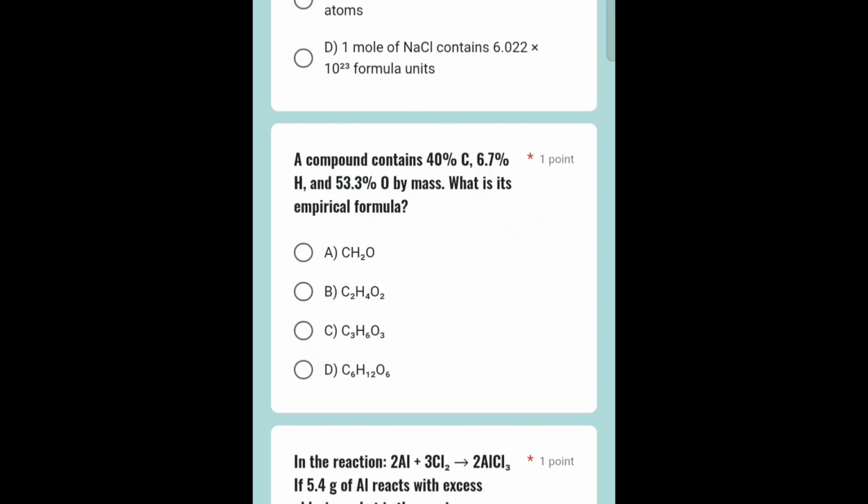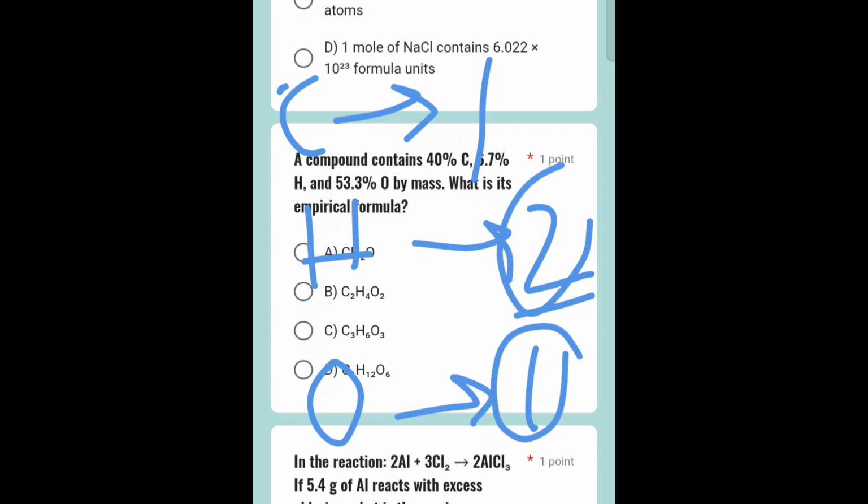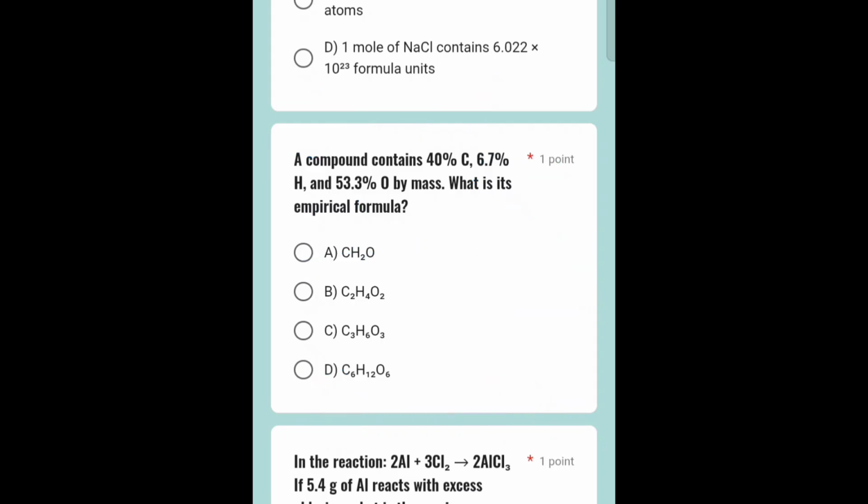Now divide by the least number. The least number is 3.4, around, by estimation. So we divide everything by it, and for carbon we will get 1, for hydrogen around 2, and for oxygen around 1. These values are close to 1, 2, 1, so we will do approximation and we will get our answer, that is A.